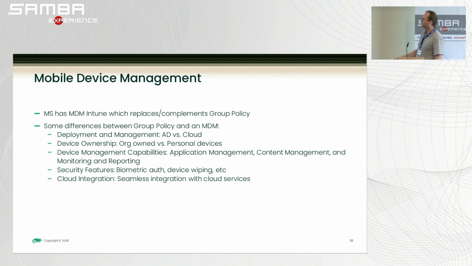So there are some differences between group policy and MDM, of course, in deployment and management. Group policy is only within an Active Directory domain, whereas MDM is like a cloud thing. You can enroll your personal machine and it applies policies to you based on your organization. Then there's device ownership: Active Directory devices are usually organization owned, versus an MDM device. You may bring your personal Linux laptop and you want to be able to access your VPN, so your employer says, well, you have to apply these policies to your machine.